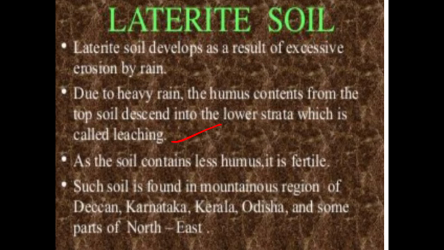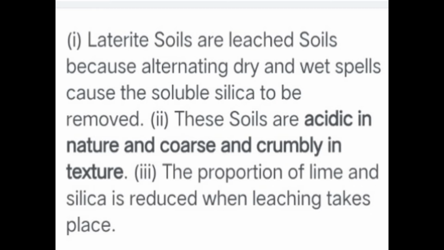As the soil contains very little humus or fertility, such soils are found in mountainous regions, also the Deccan region, Deccan Plateau, Karnataka, Kerala, Odisha, and some parts of northeast India.